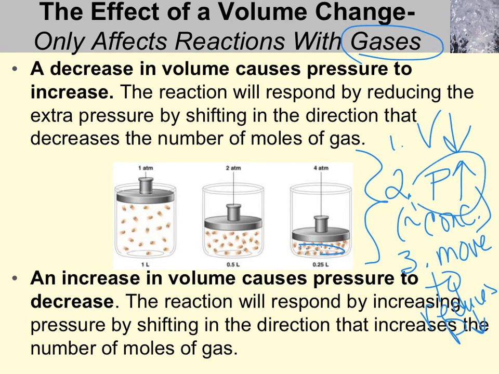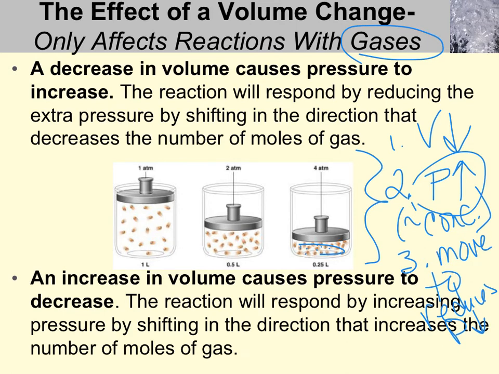How do you reduce pressure in a chemical reaction? You can't mess with the volume again. You only have the molecules to deal with. Well, to reduce pressure, you want to move to the side of the reaction that has the fewest gas molecules.